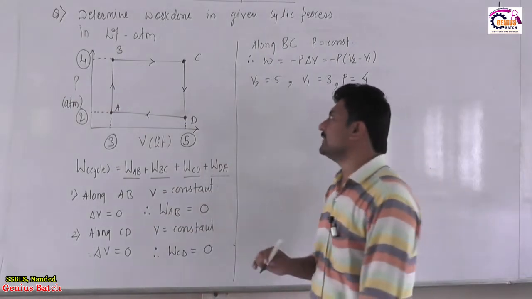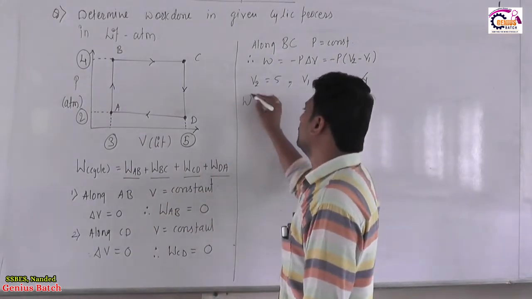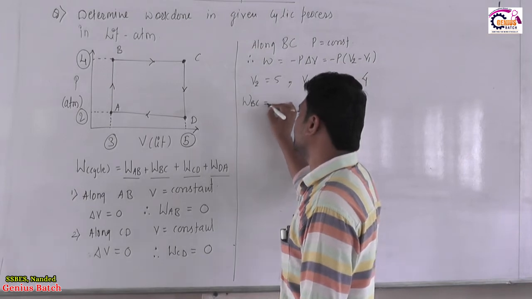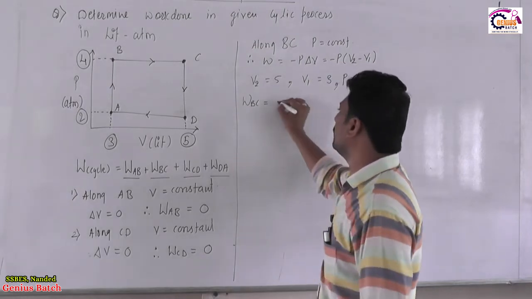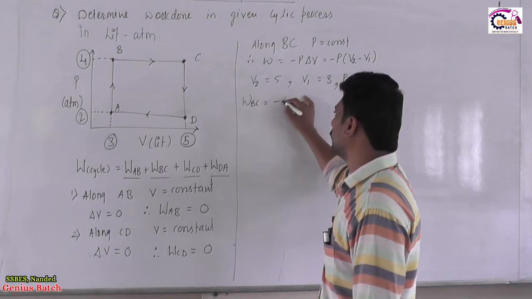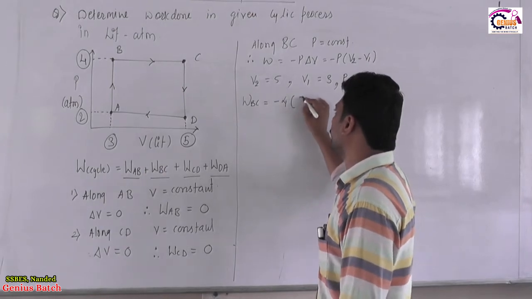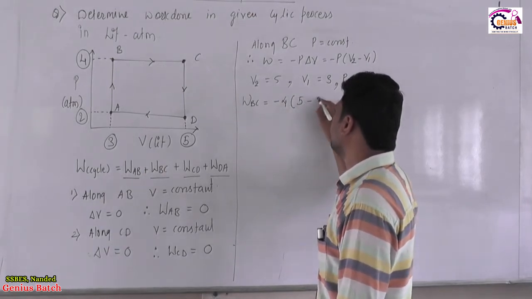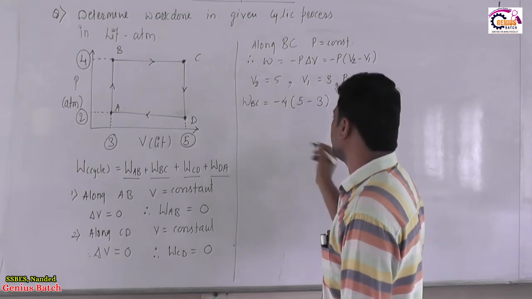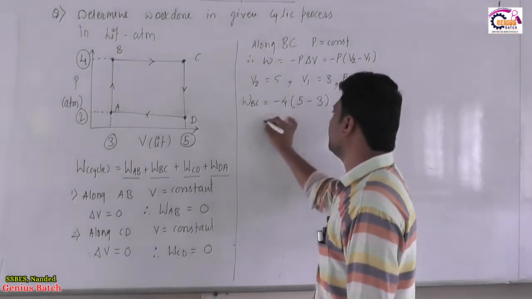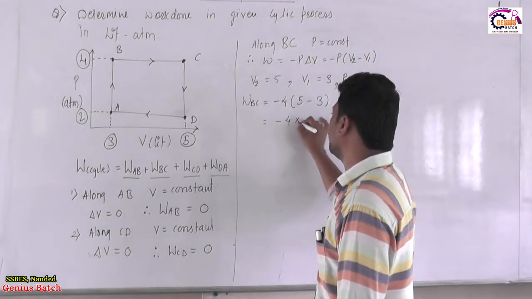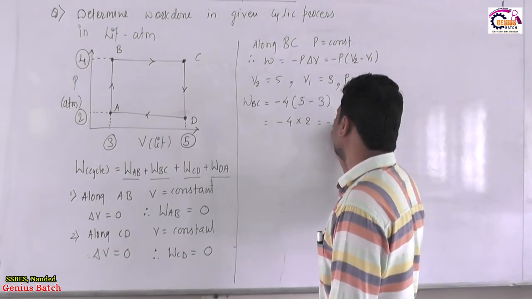Now place them in the equation. So work along BC will be minus of pressure 4, V2 5 minus V1 3, and on further solving it will be minus 4 into 2, meaning minus 8.